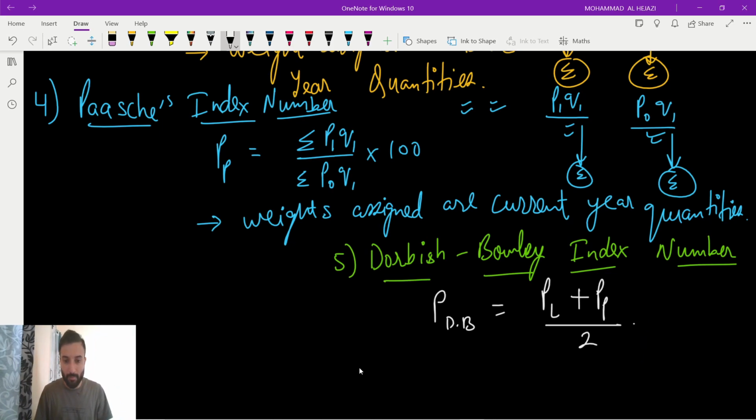So what does Dorbish-Bowley say? The Dorbish-Bowley index number is the arithmetic mean of the Laspeyres and Paasche. Sorry, not the PL.